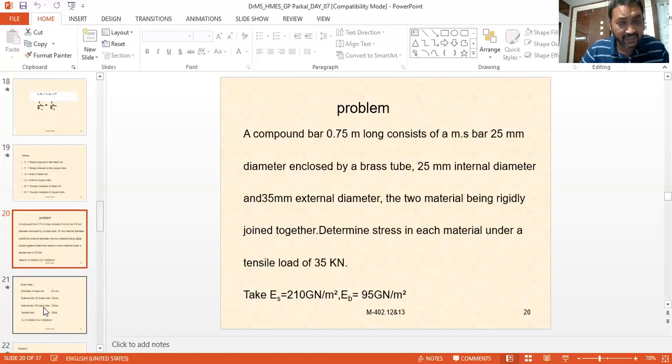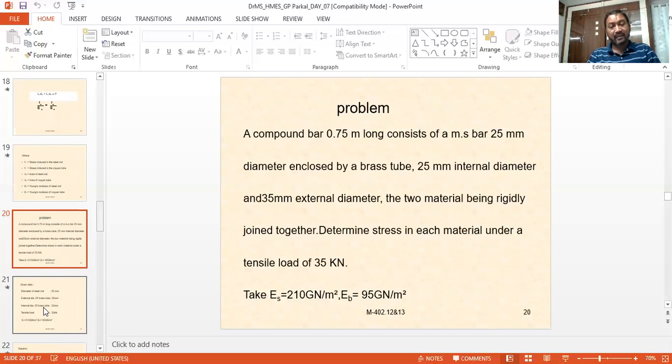So this is the problem. Here is a compound bar, nothing but a composite bar made up of two different materials. One is mild steel and the second one is brass. A mild steel bar is enclosed in a brass tube and both ends are joined together, so it will act like a single member when it is subjected to some kind of external load.